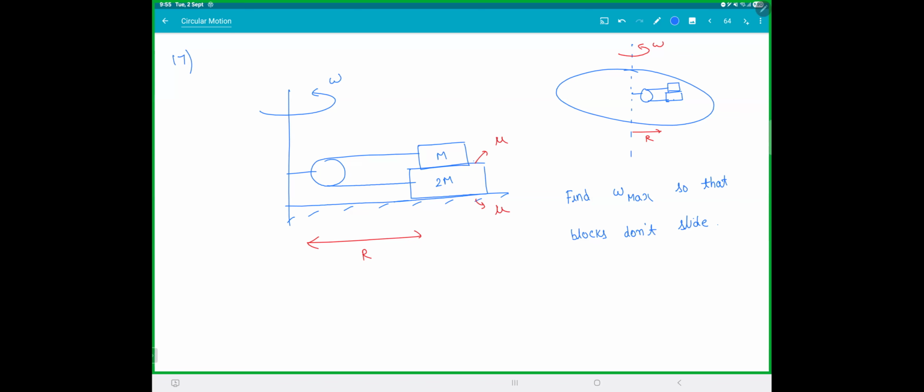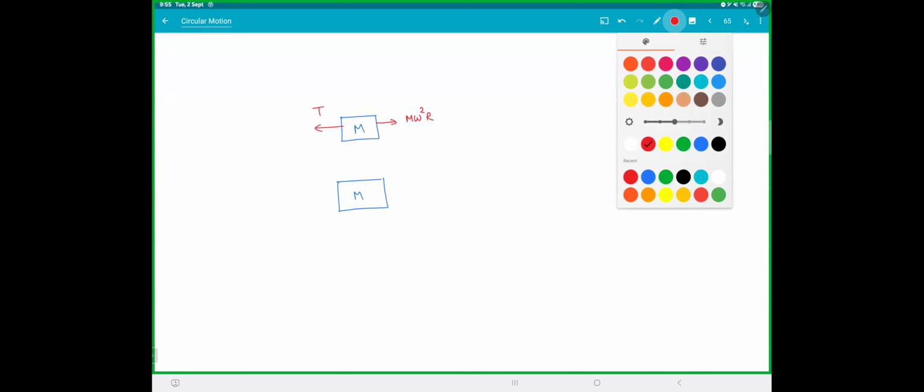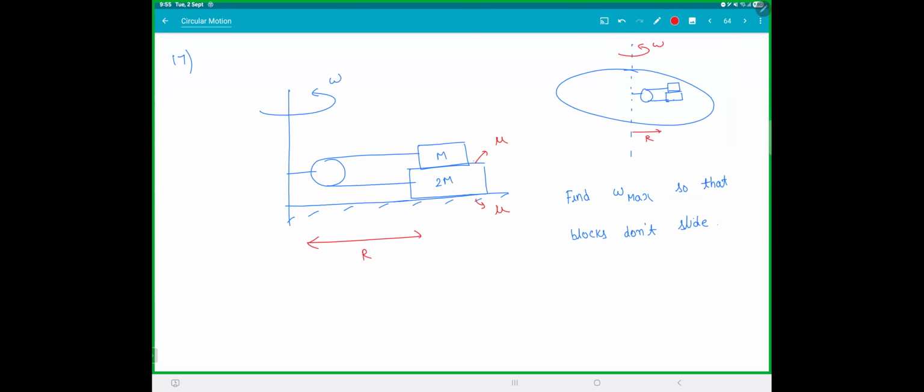Okay, let's see the FBD. Let's draw the FBD of the M block. Where is my observer? My observer is on the center. What are the forces? The centrifugal force, M omega square R, and tension. So first ask yourself, if there is no friction anywhere, how would the surfaces move?